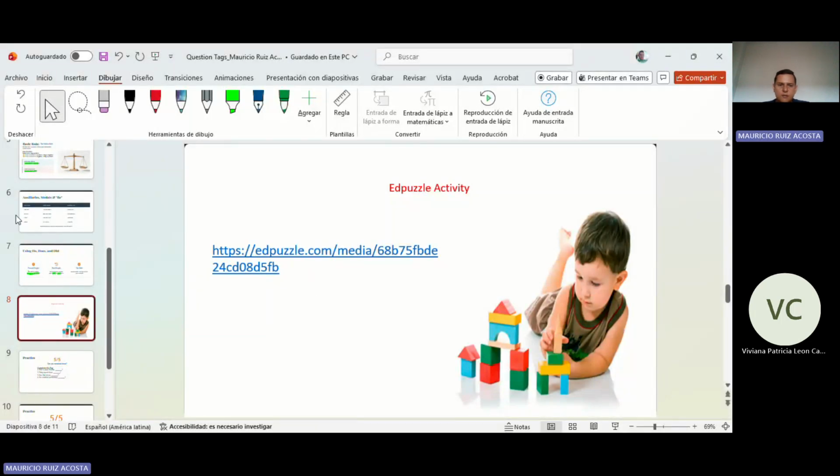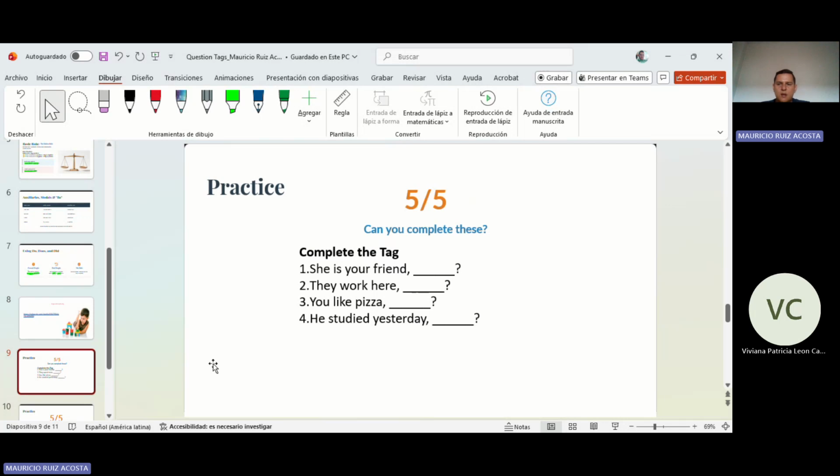Okay, continue with the class. In this tag question exercise, for example, in the first one, we can complete the sentence. For the first one, for example, "She is your friend." Then remember that we must answer this question in the negative way.